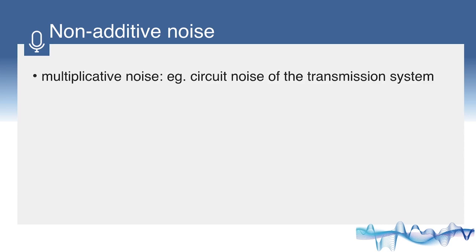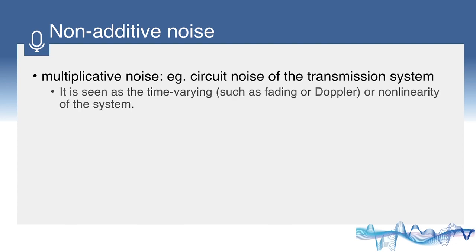Additive noise means the relationship of speech signal and noise is addition. Non-additive noise includes multiplicative or convolutional operation between signal and noise. Multiplicative noise, for example, circuit noise of the transmission system, is seen as the time varying, such as fading or Doppler, or non-linearity of the system.